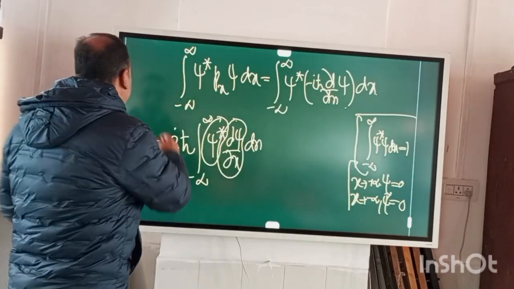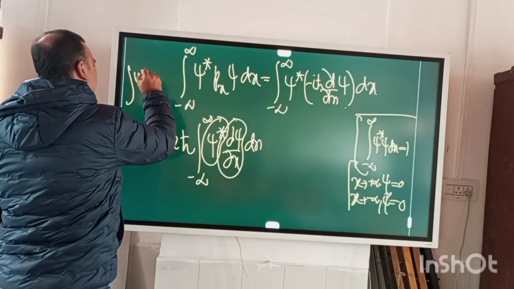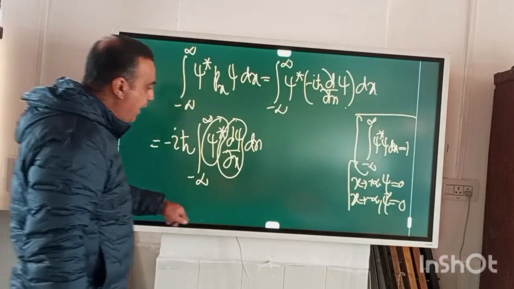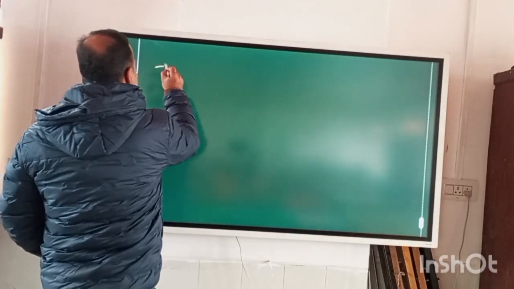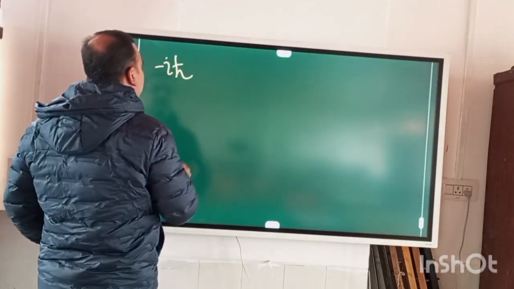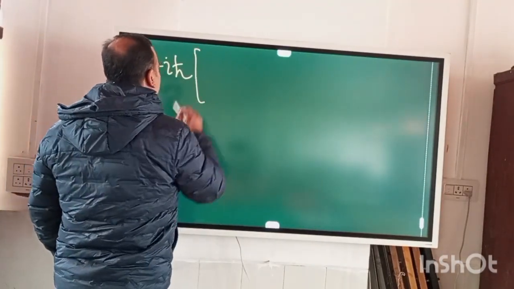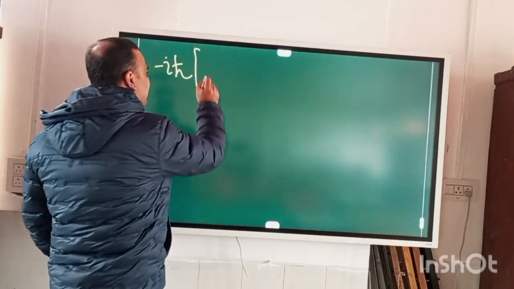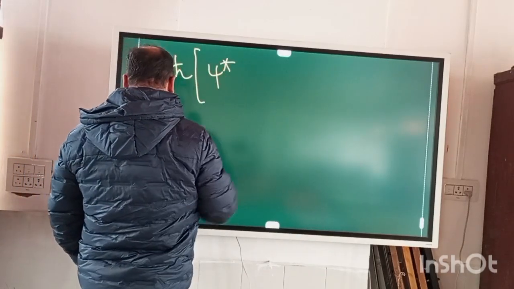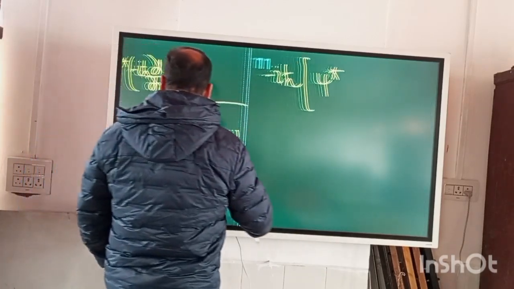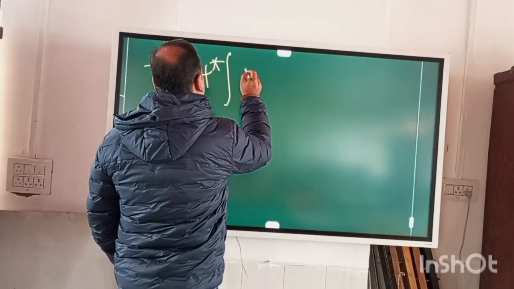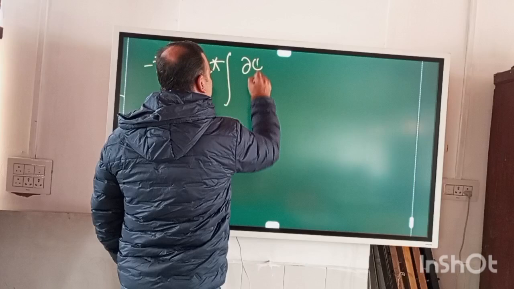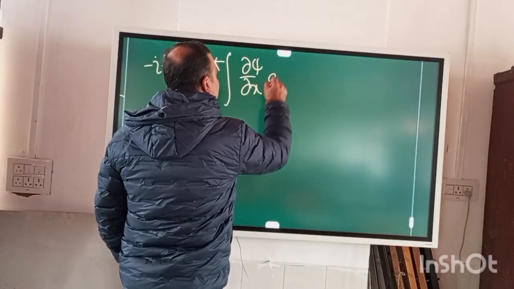So I have integration of u and v here, and let me apply integration by parts. So minus i h bar will be outside, and inside I will have u as psi star, into the integration of v. So what is v? This is the integration of dou psi by dou x, and then dx.